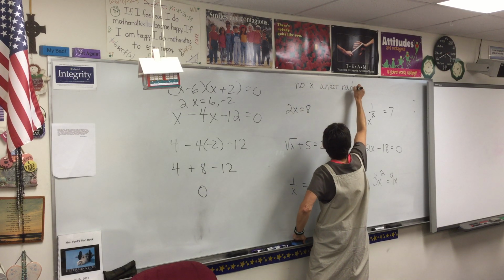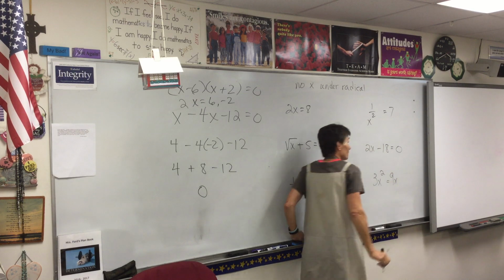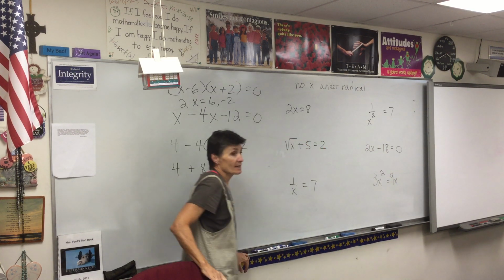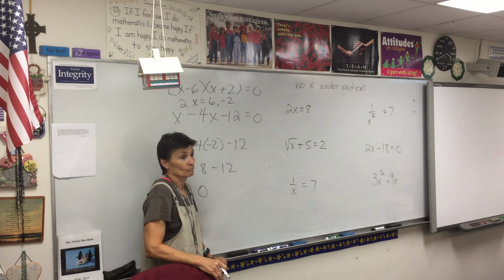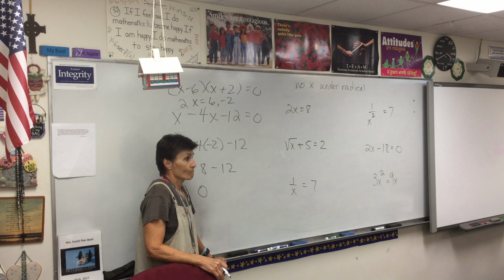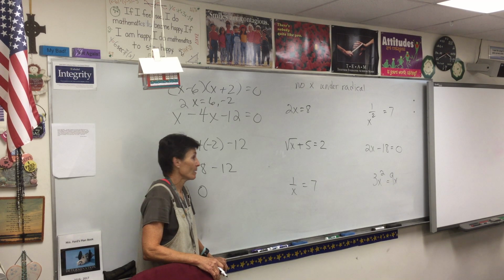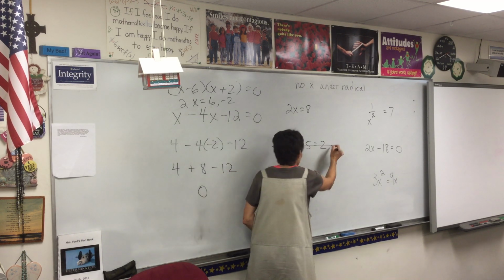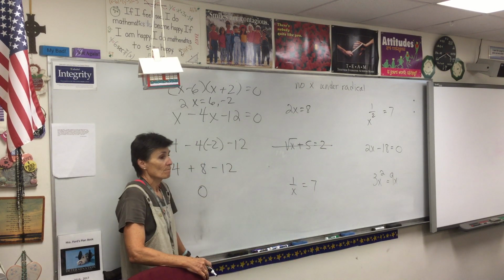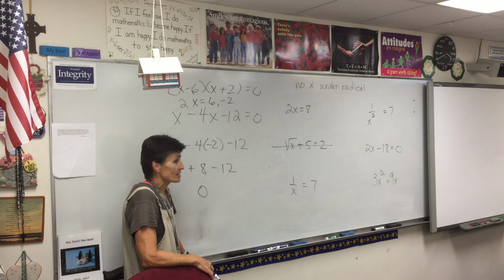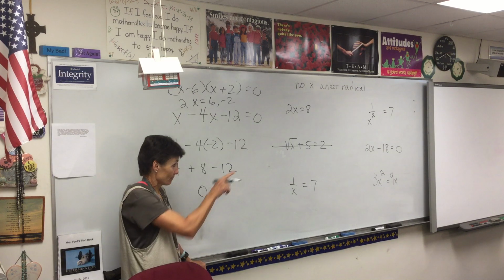So there's our first rule. If you're going to be linear, x cannot be under a radical. You can have radicals in the equation, they just can't be root x's. Can't have an x under a radical. So you are right, not linear. All right? Anybody see anything else there that isn't linear?